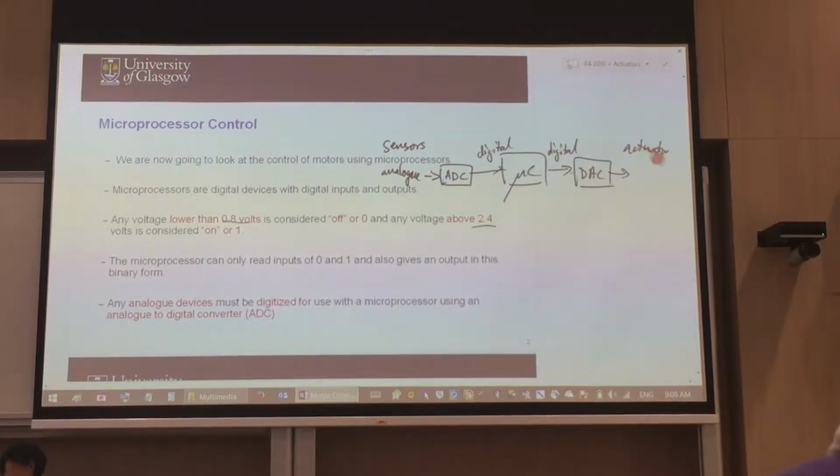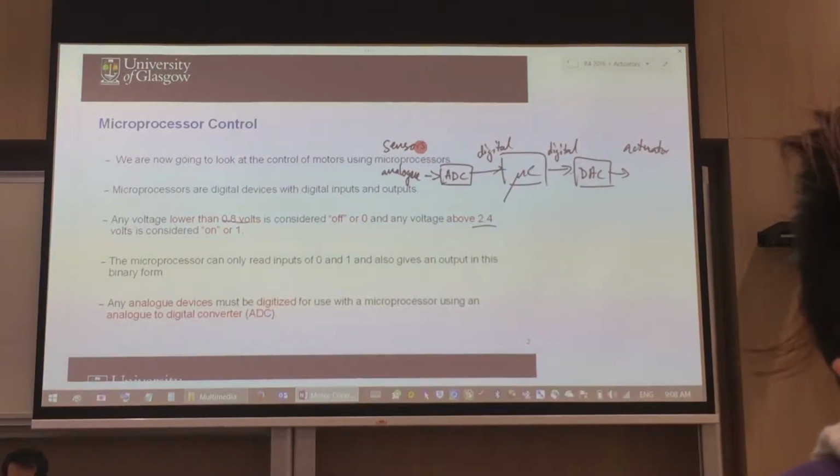Sometimes, depending on the actuator and the sensors, some sensors actually give off a digital signal. An excellent example would be your encoder. The encoder would provide a digital signal that can be read by your microcontroller directly.